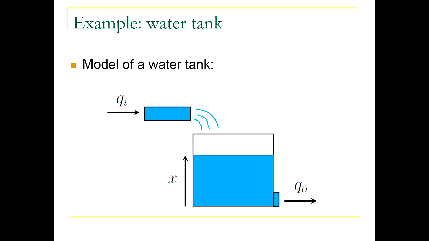If more flows out, the level would fall. But note also, typically, this outflow would depend on the level. The higher the level, the more outflow there is. In any case, let's just consider the case when perhaps I can fully control Q0 by attaching a pump or vent so that I can maintain this level as I want, right?